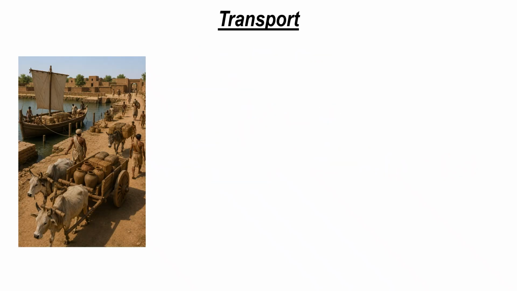Now another most important feature of trade, which is transport. So evidence of ships has been found throughout Indus Valley Civilization, mainly from the seals in Harappa and Mohenjo-daro. We get evidences of seals, drawings.